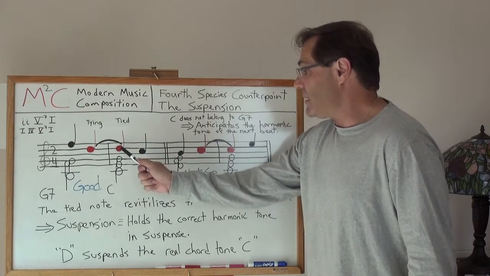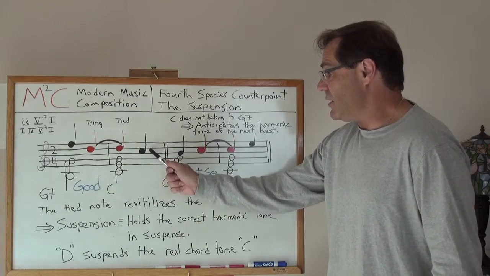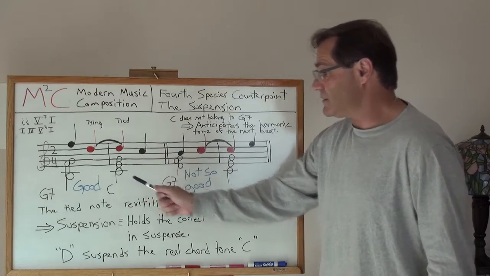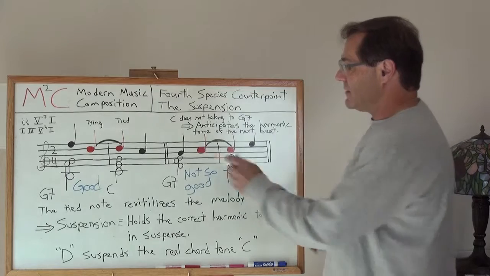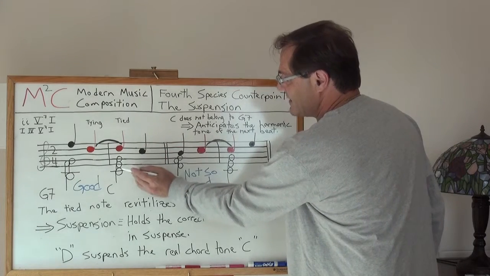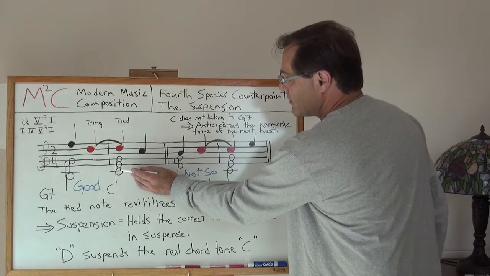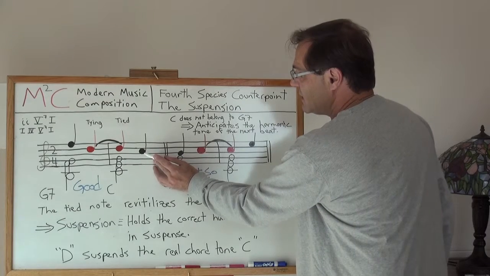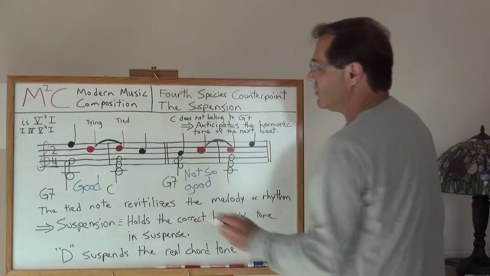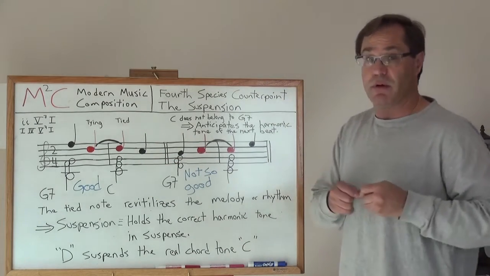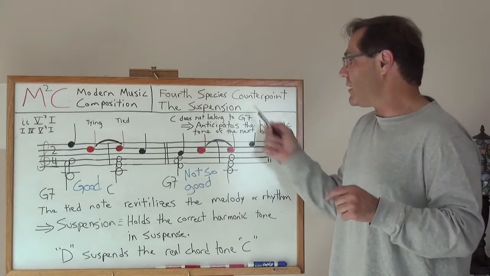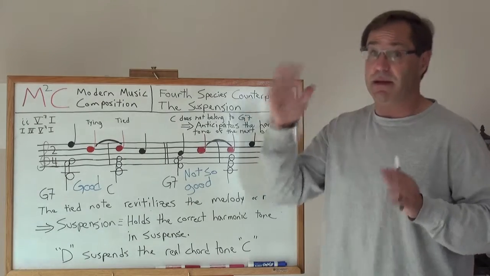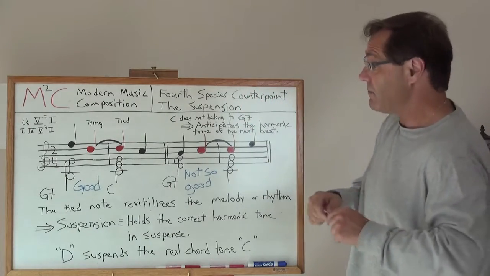But then it's going to be resolved into a note that does belong to it. Simply stated, this note is dissonant to this chord. This note is consonant to this chord, and that's going to be important in our next video when I continue to talk about fourth species counterpoint, because it's so important here, okay?